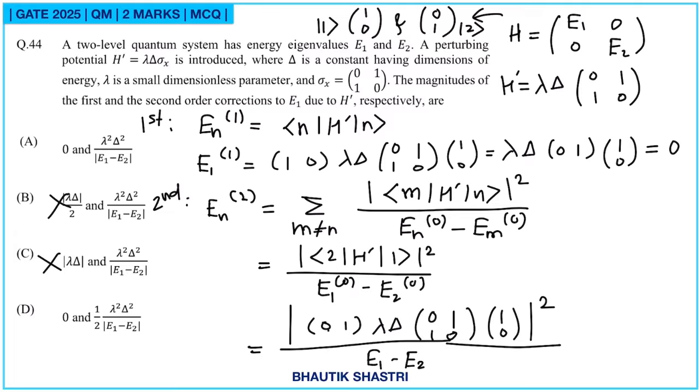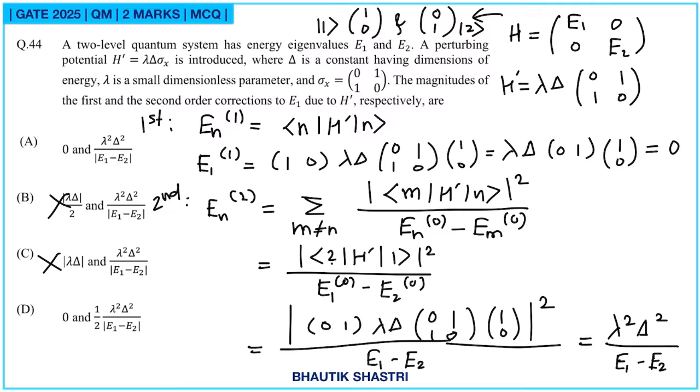So if we calculate this, this will be 0, 1 into this, so that will be 0, 1 and 0, 1, 1, 0 is 1. So only lambda delta, so answer is 1. Product of these matrices is 1. So we have here lambda and delta square. So this will be equal to lambda square delta square upon E1 minus E2.